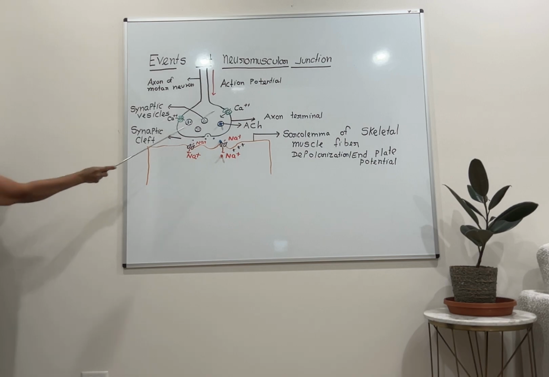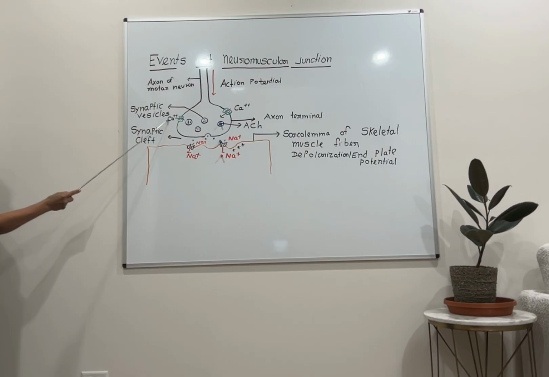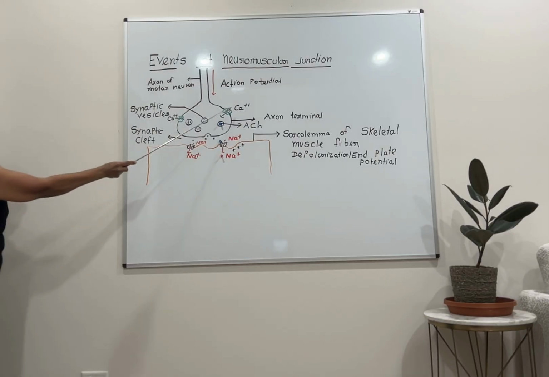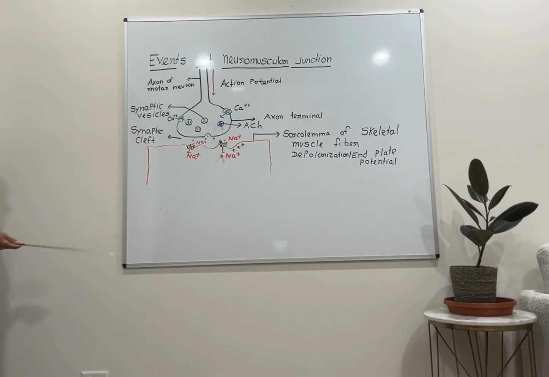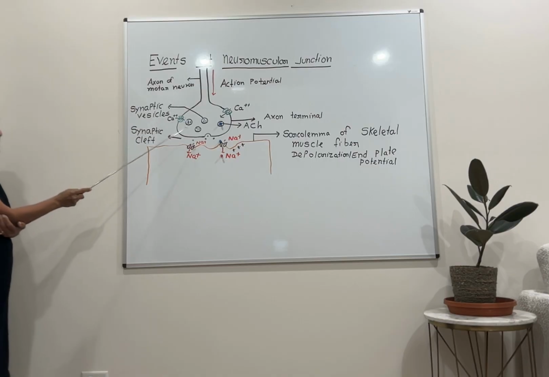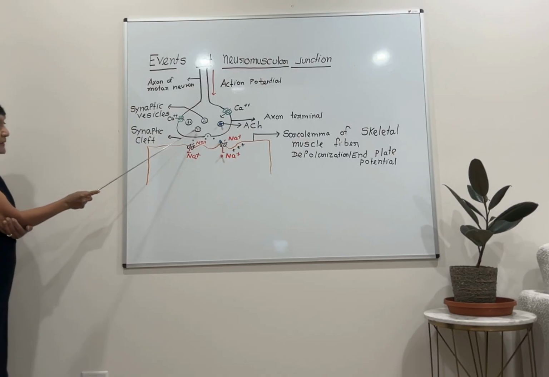and calcium enters into the axon terminal. So this is calcium. Calcium ions enter into the axon terminal. Entry of these calcium ions into the axon terminal causes the release of the neurotransmitter. So what happens?